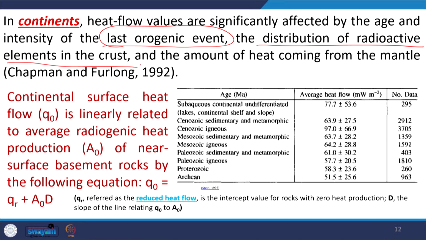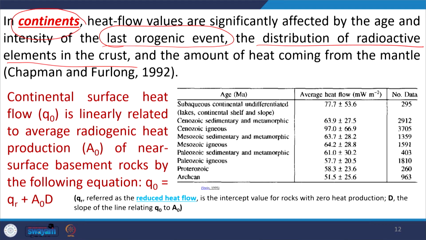And the distribution of radioactive elements, as I have already emphasized earlier, whether it is uniformly distributed or concentrated in a particular location, a particular fault zone, or a particular layer on the surface of the earth, decides the continental heat flow.